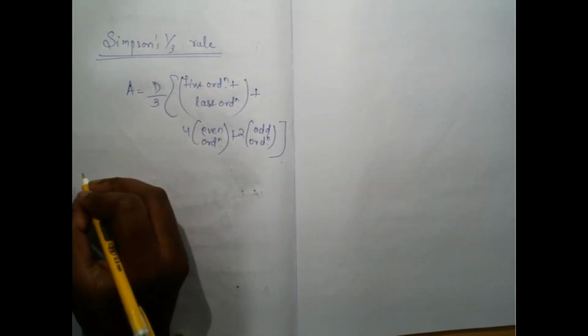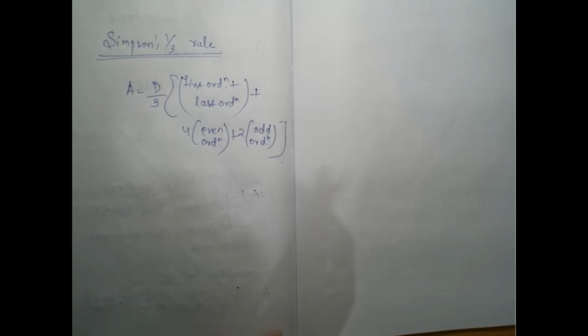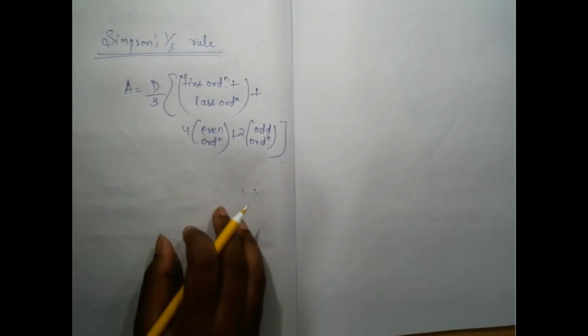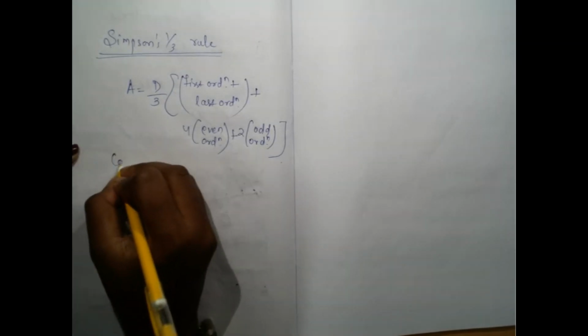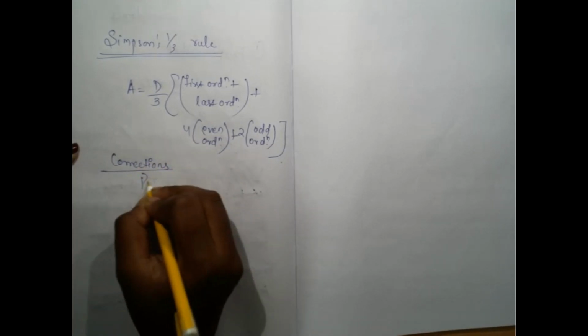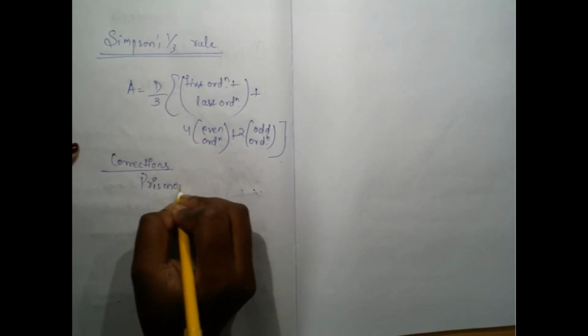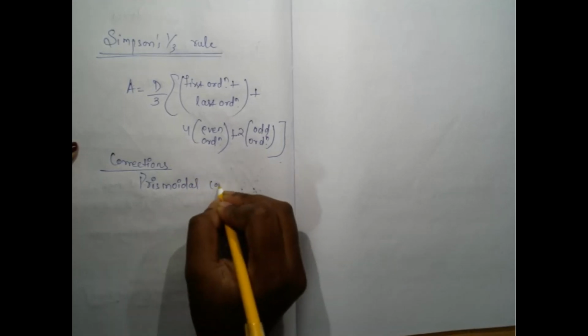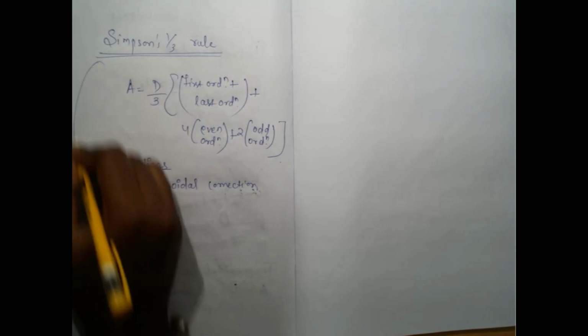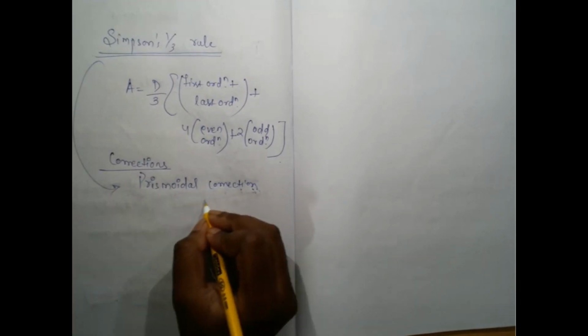Normally what will happen is that Simpson's formula is actually an over-oriented formula, and it can have some error in it. So to make it more correct, some corrections are provided to it, and those corrections are known as prismoidal correction. So Simpson's 1/3 rule is gradually known as the prismoidal method.